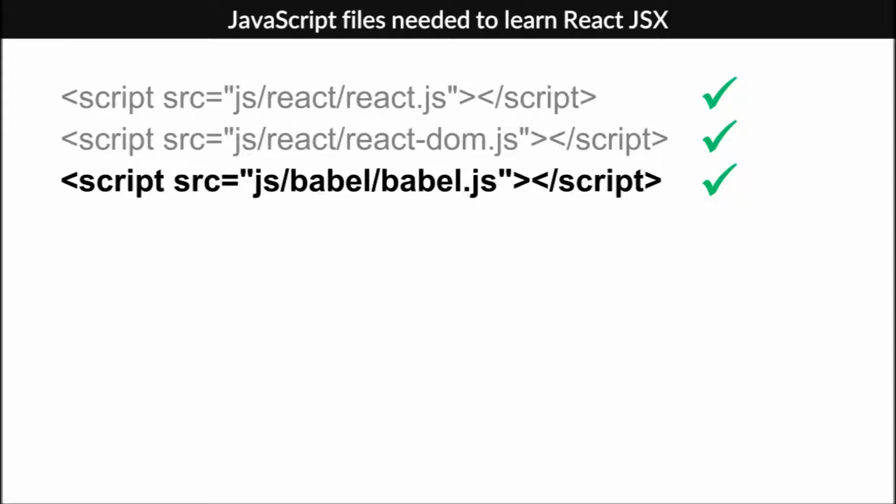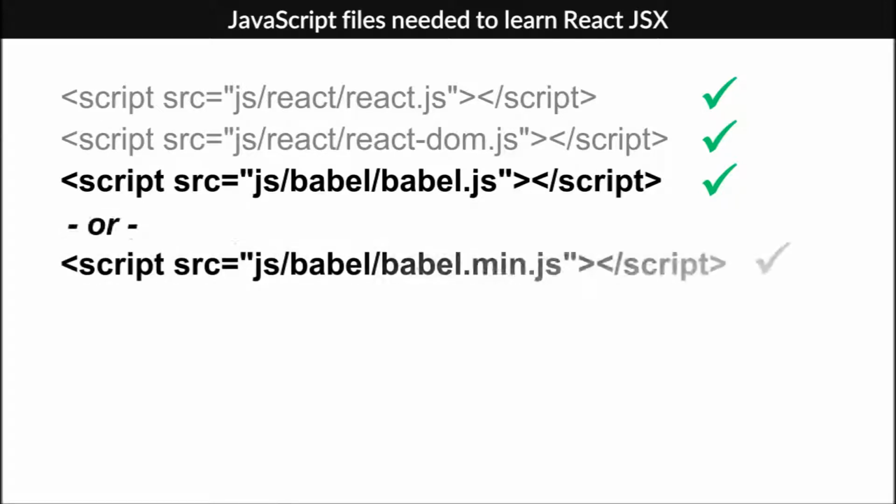You don't have to, but I just like to have them available with the spaces, with the comments, so I can have a look at them. The Babel conversion, however, I really have no interest in looking at how it does all the conversion just now, so I'm happy if I've got the Babel.min.js. That makes it a lot smaller.